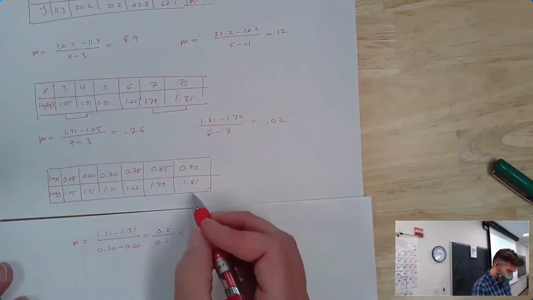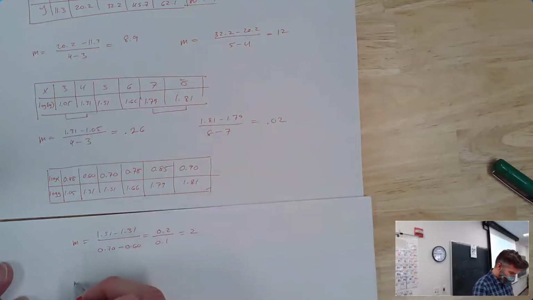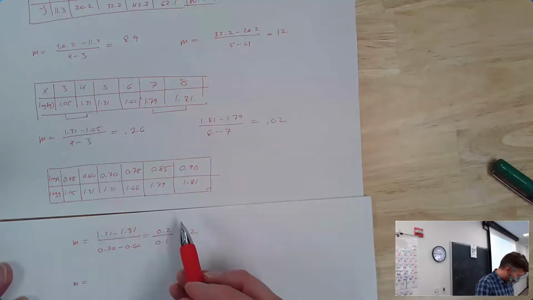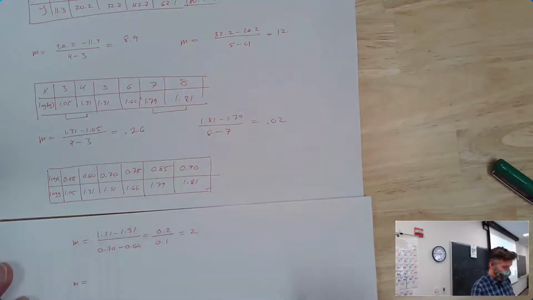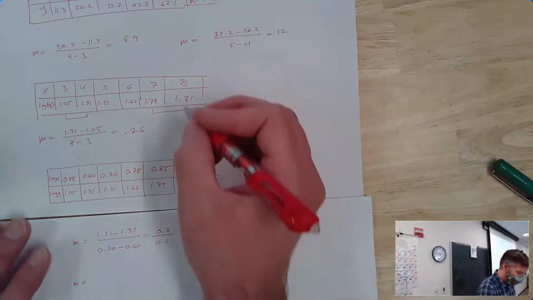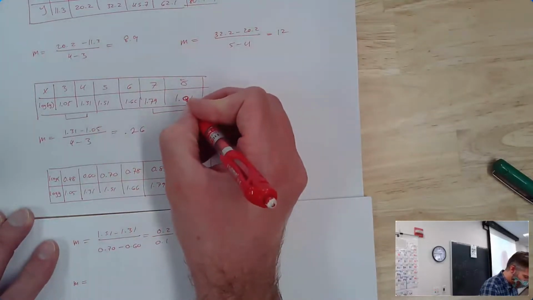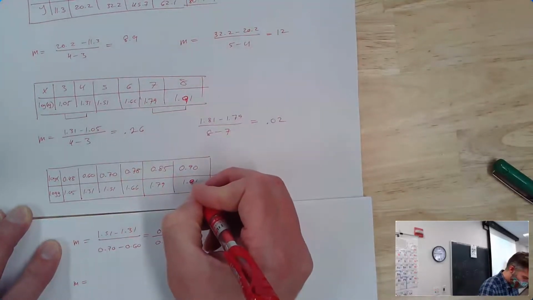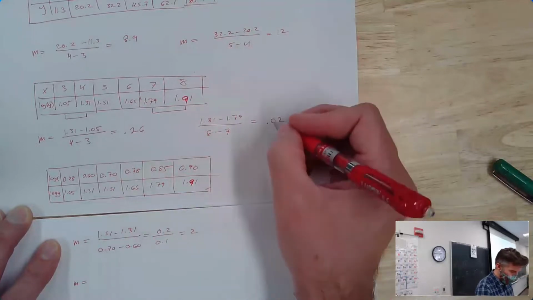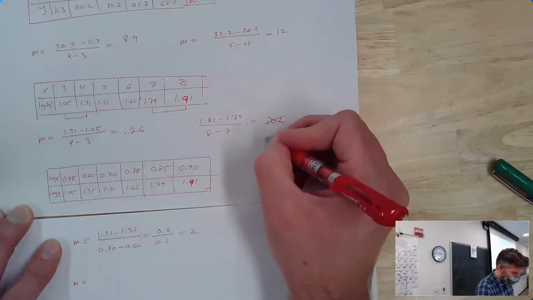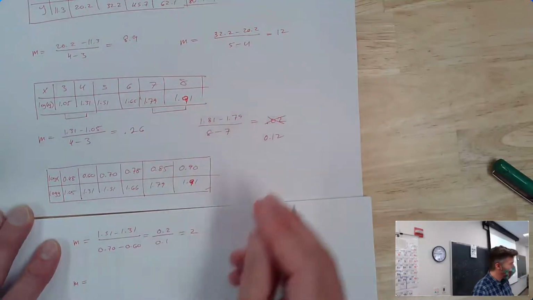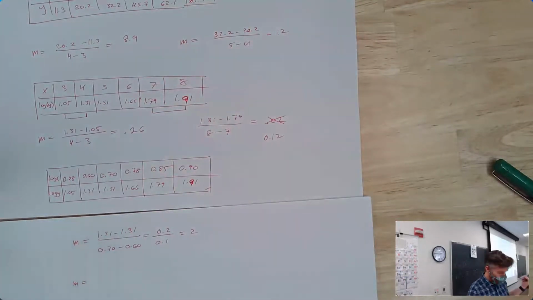Okay, let's look maybe over here as well. Sorry, I did make an error when I was copying down the data. That's actually a 1.91. Sorry about that. Which would have changed this to 0.12. Still not the same number, but it is important for this next one because it needs to be right.